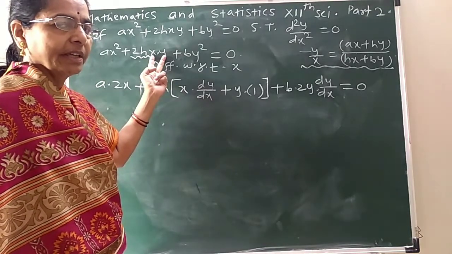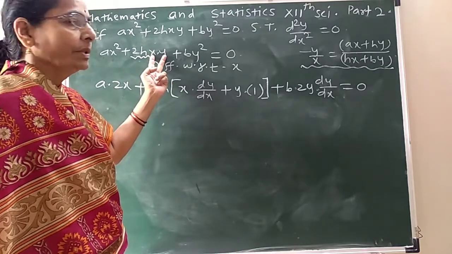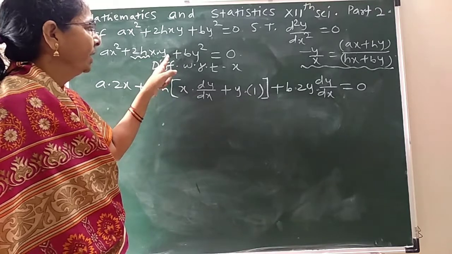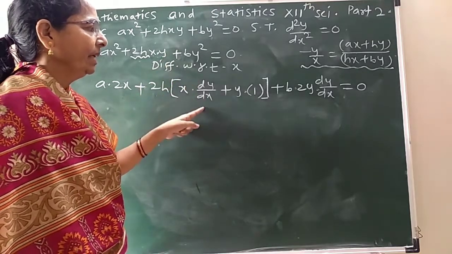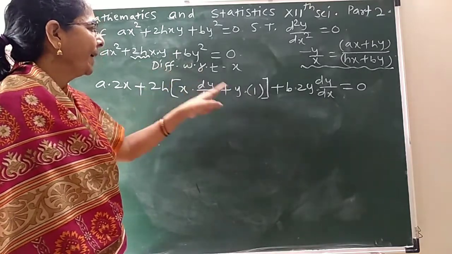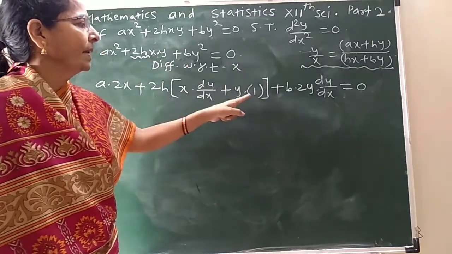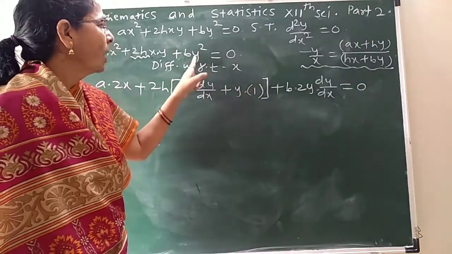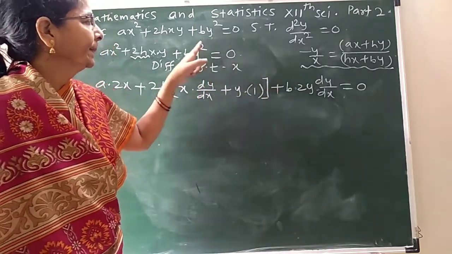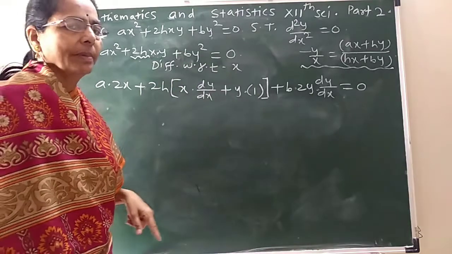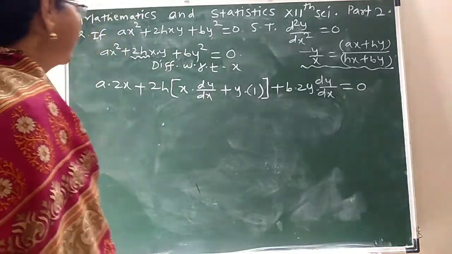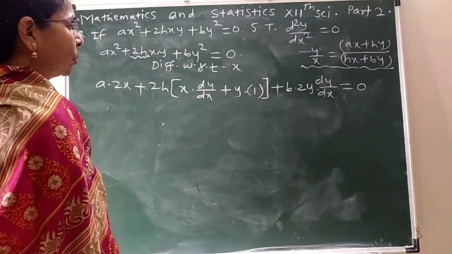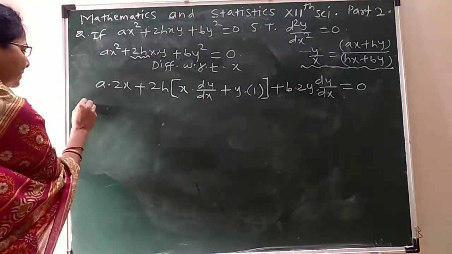According to the u into v rule, u, derivative of v, derivative of y is dy by dx, plus y, derivative of x is 1, plus b constant, y square derivative is 2y, y derivative dy by dx, is equal to 0. In all the terms there is 2 constant, so take it outside.